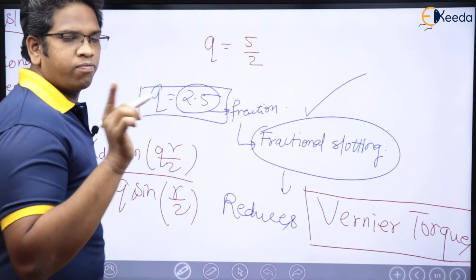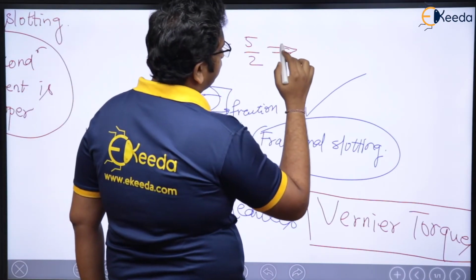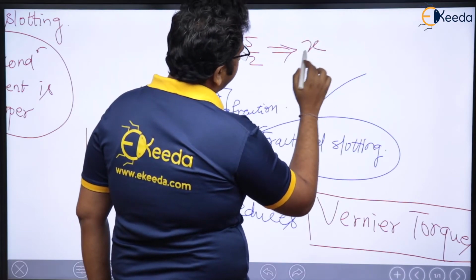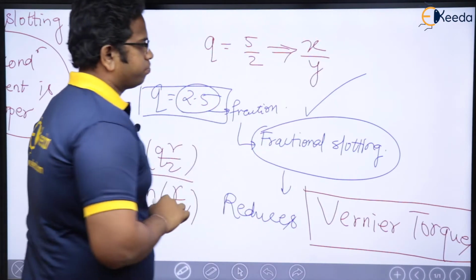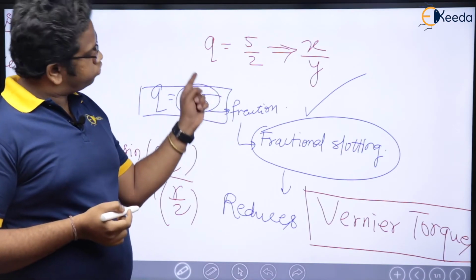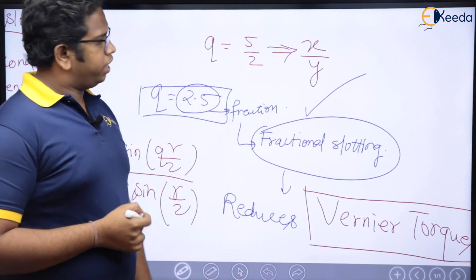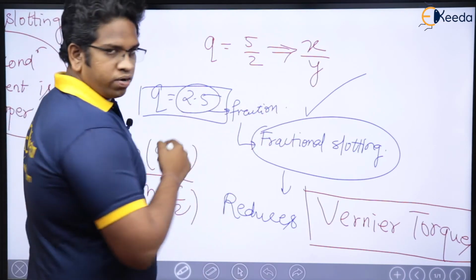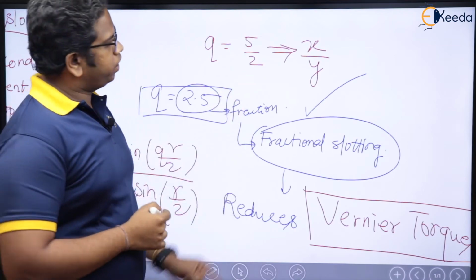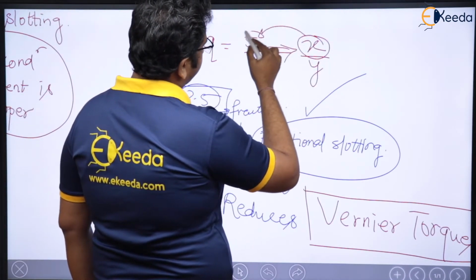So the first step you have to do is represent this fraction Q as x by y. If you compare, for this 2.5 it is going to be 5 by 2. If it is 5 by 2, then we know that this x is going to be 5.